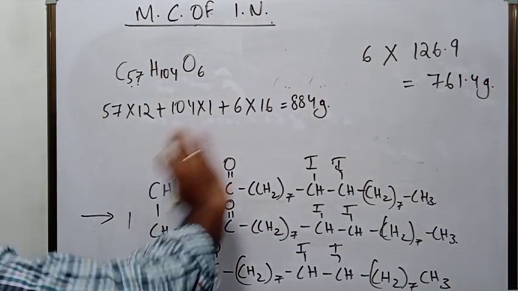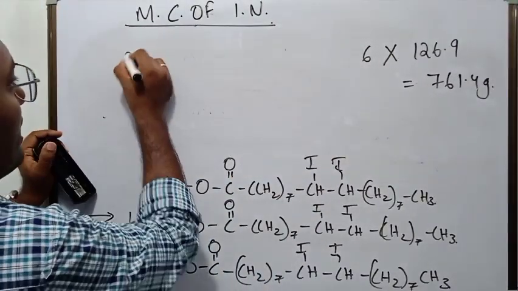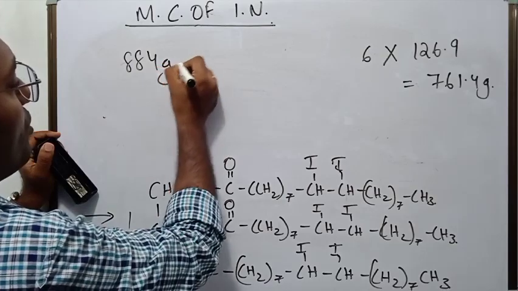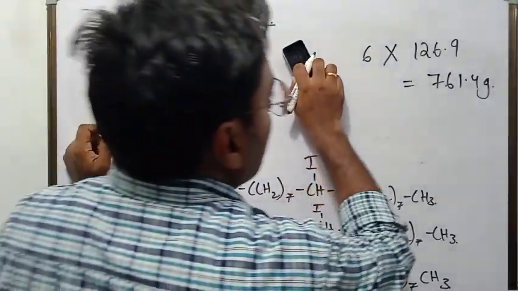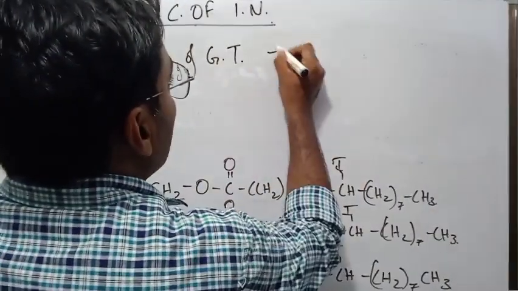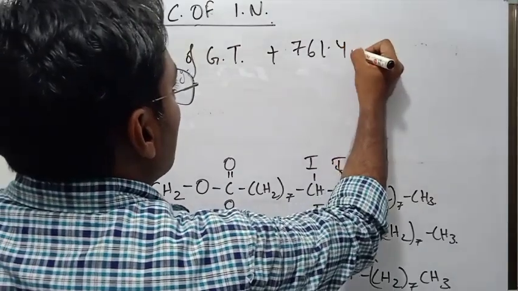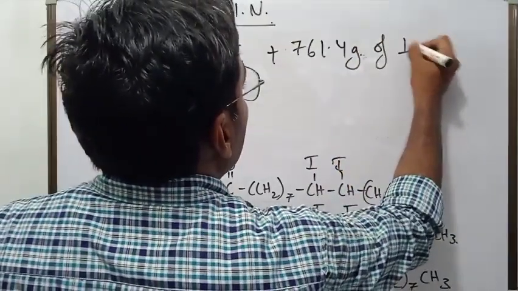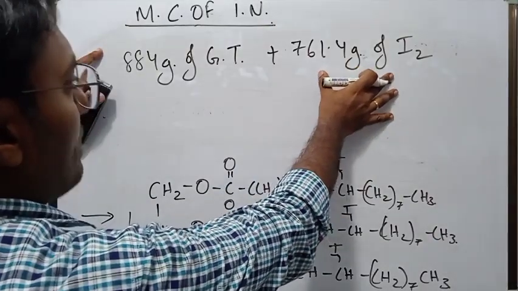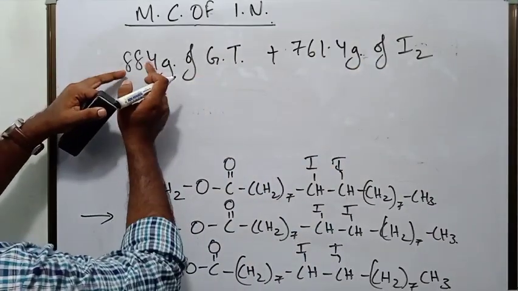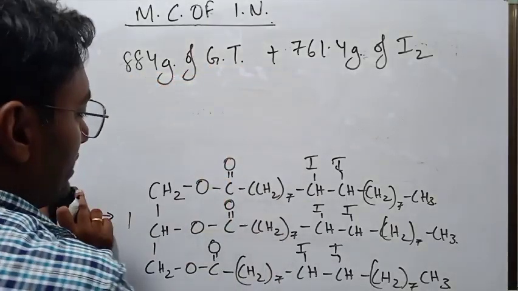So you can see I used 884 gram of glyceryl trioleate and I reacted with 761.4 gram of iodine. So 761.4 gram of iodine is required to add up to 884 gram of glyceryl trioleate.